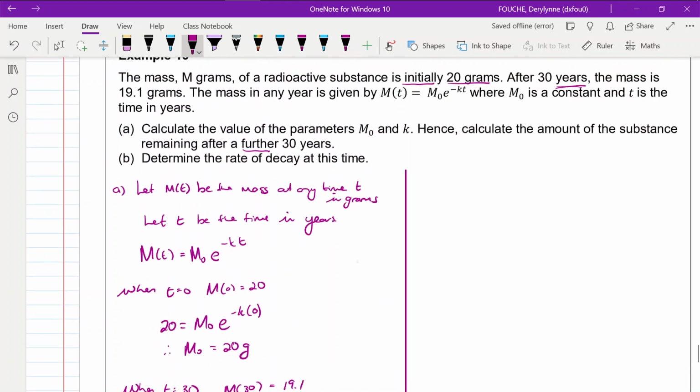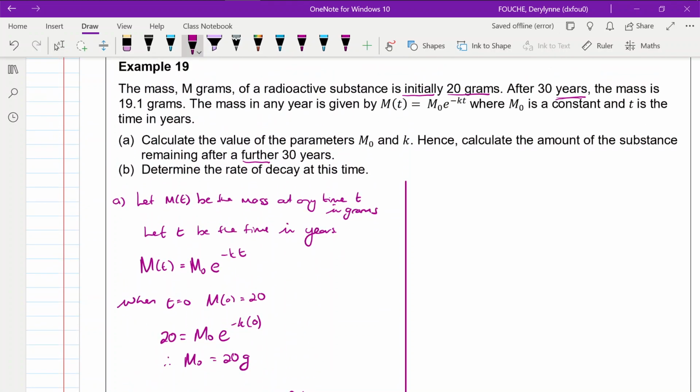Alright, the B part of the question says determine the rate of decay at this time. Now remember, rate always implies a derivative, so rate of decay implies the derivative.